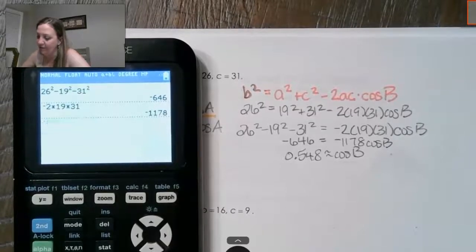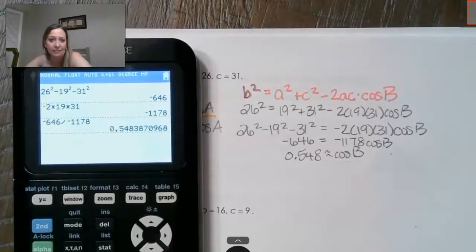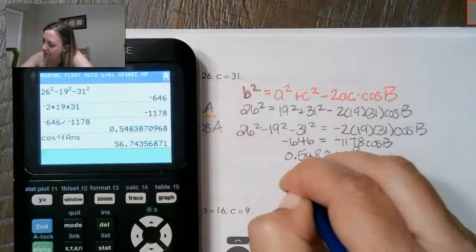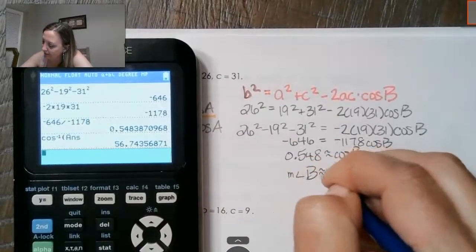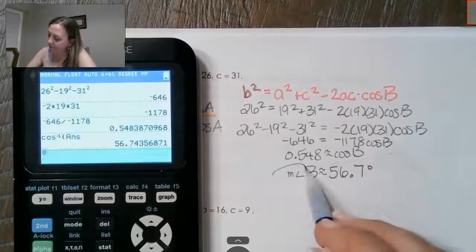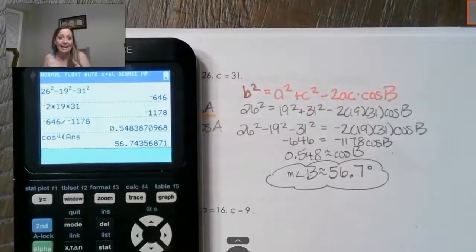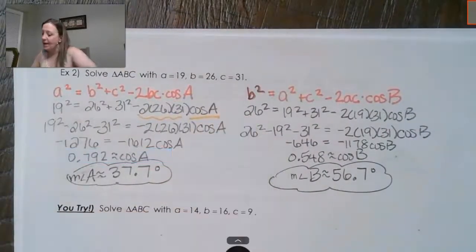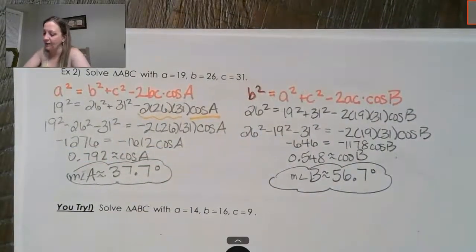To make sure I have that value in the calculator and I'm not using the rounded value, we could do that as well. Then I take the inverse cosine, and that gives me that the measure of angle B is about 56.7 degrees. We could do the same thing with c squared, but why not use the triangle sum theorem?